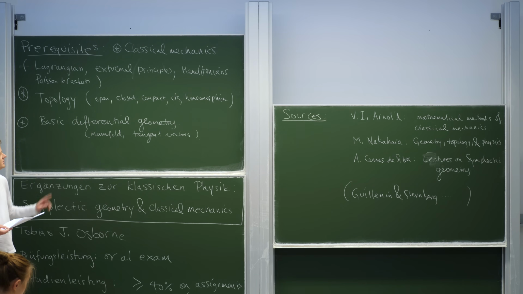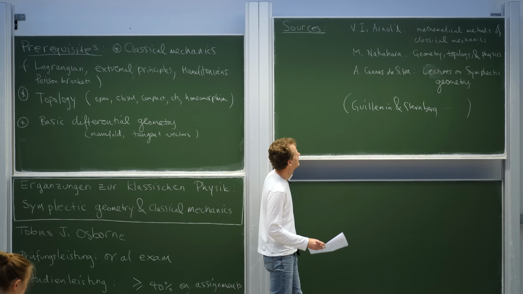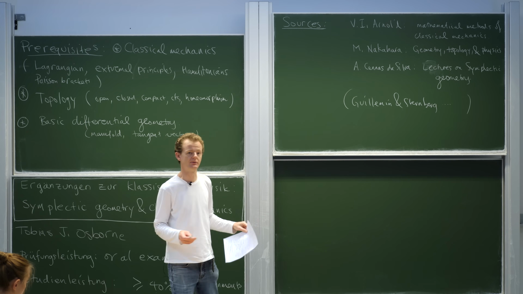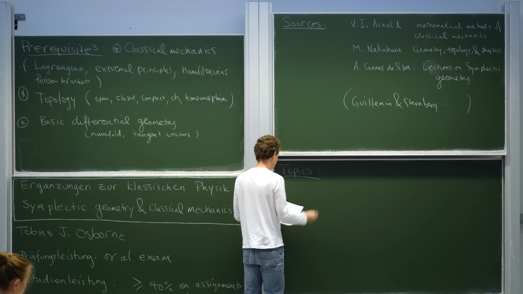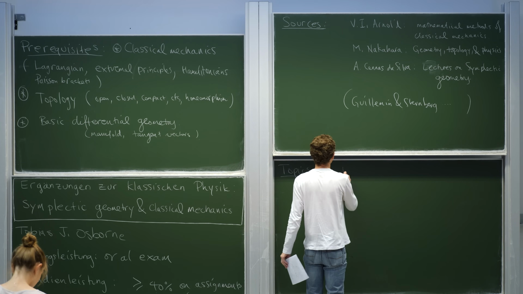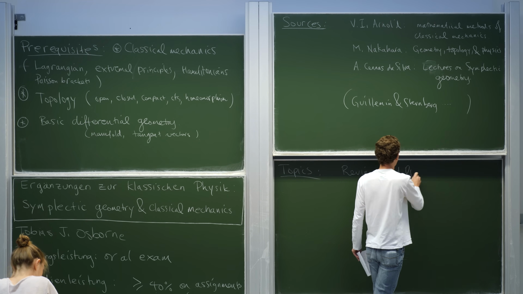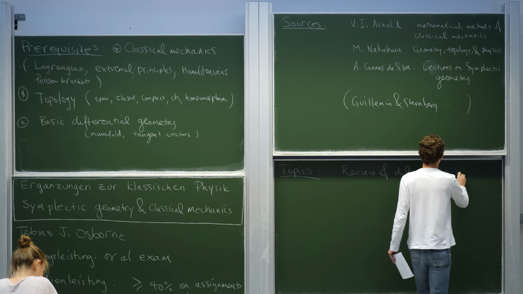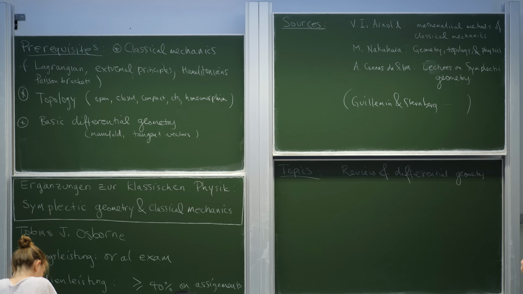All right, that's the sources, the prerequisites, the assessment. All right, then let's look at the topics we're going to cover in this course. So the first topic that will occupy us for a couple of weeks is a reasonably comprehensive review of differential geometry.